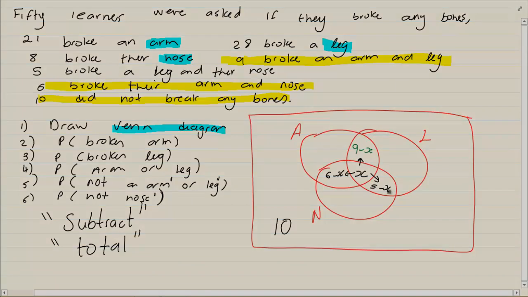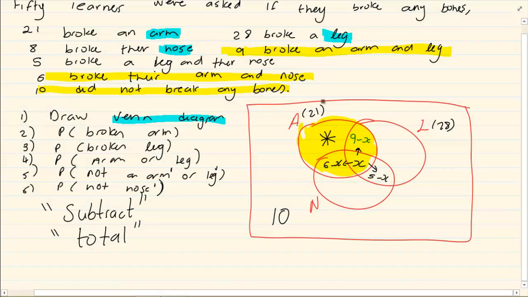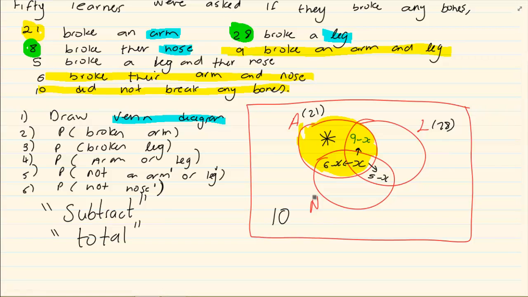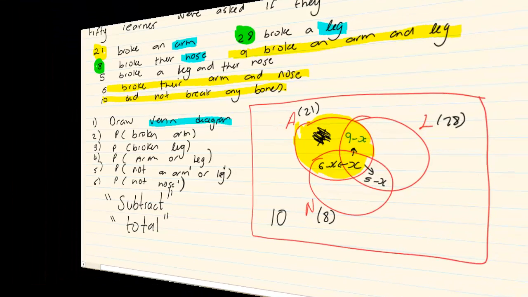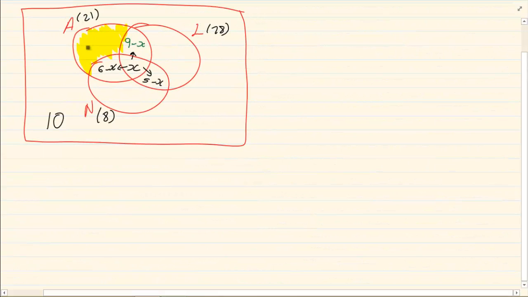Now, let's go on. Okay, so we have that the total is 21. We have that the legs, the total is 28. And we have that the broken nose is 8. But now, how do we solve for this specific part? How do we solve for that? If you look at that specific spot, how do we find out what it is?